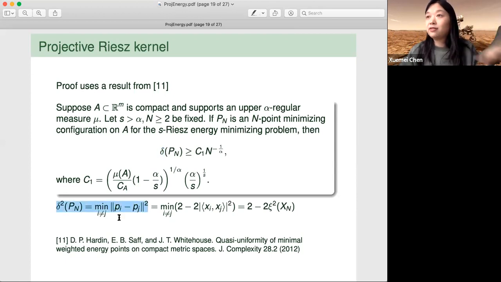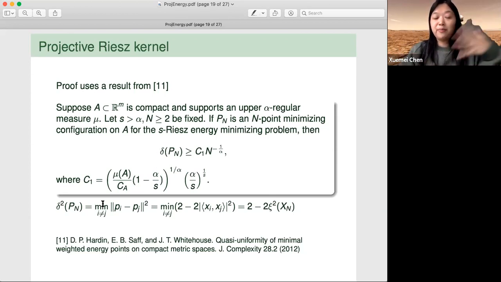If you ignore the square, the definition of delta here is just the smallest distance between the points. If it's written in terms of distance rather than inner product, we would like to maximize this delta, and then you get the best packing.